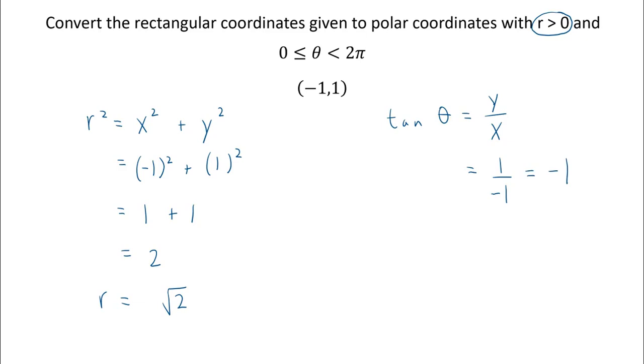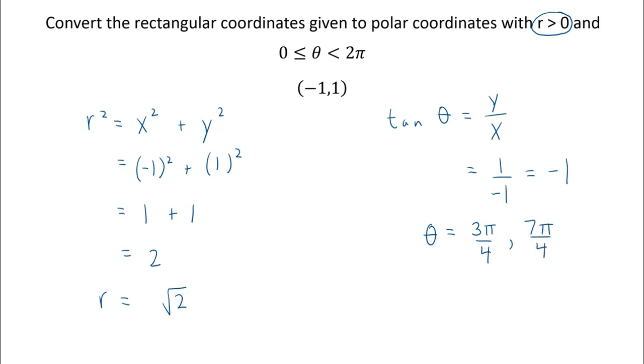There are two thetas, or two angles, between 0 and 2 pi that have a tangent value of -1. Tangent is negative in the second and fourth quadrants. So the angles that we're looking for would have to be theta is equal to 3 pi over 4 and 7 pi over 4.